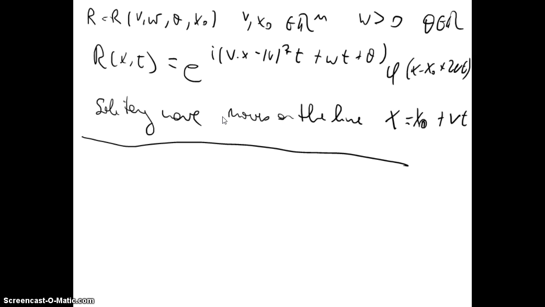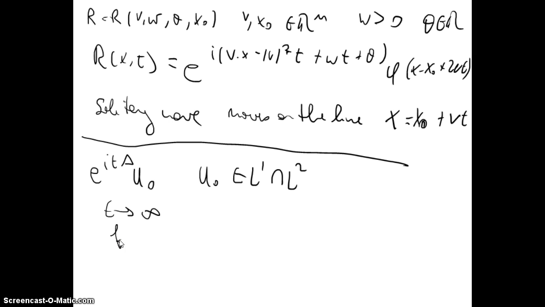We already know that when we had e^(i t Laplacian) u naught solutions for the linear part, let's say that u naught in L^1 and in L^2, then we had that the solutions decay as t goes to infinity. But it's not going to be the case for the nonlinear Schrödinger equation.